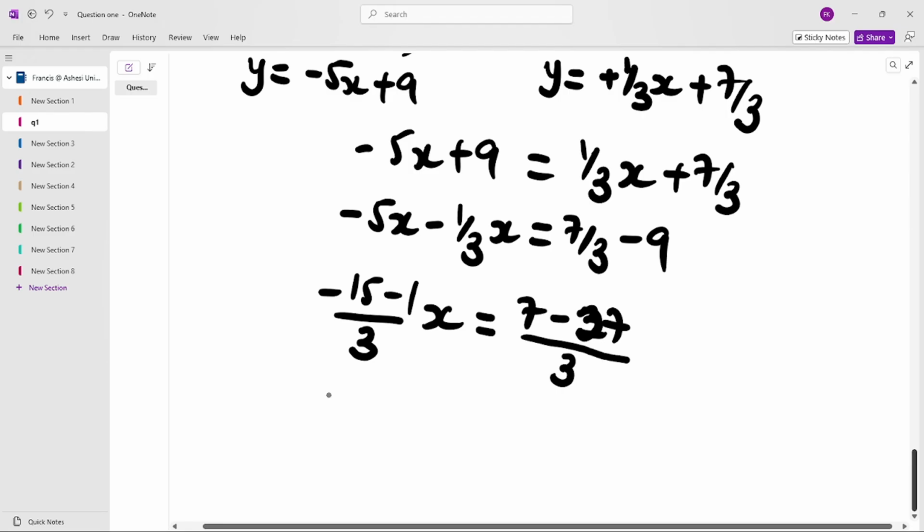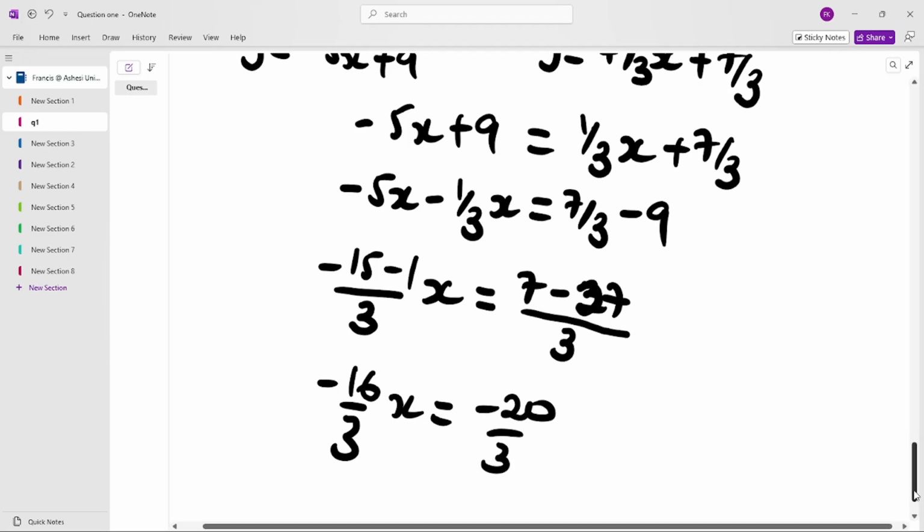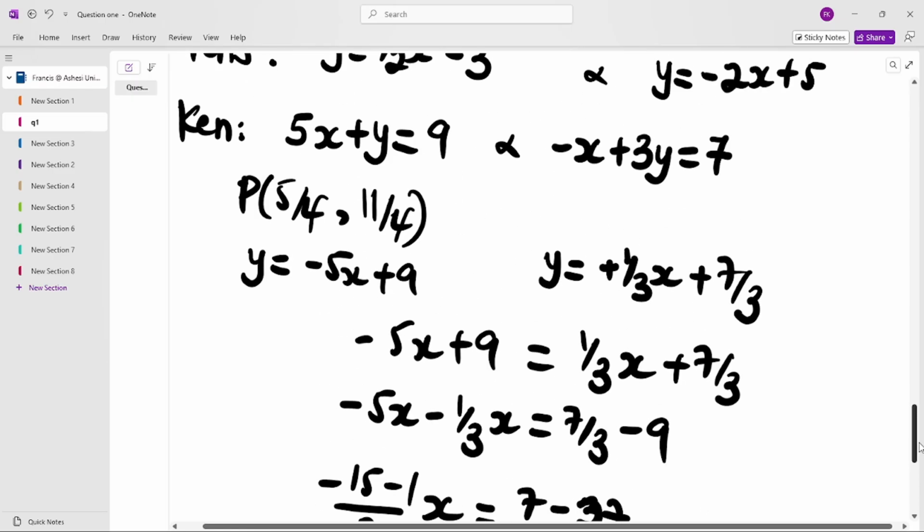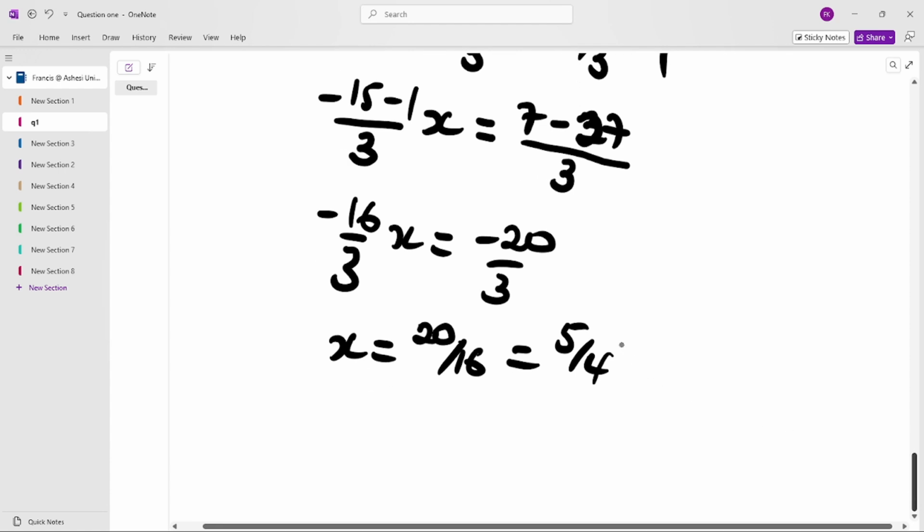So I'll have negative 16 over 3 x will be equal to negative 20 over 3. At the end of the day, x will be equal to 20 over 16. Dividing through by 4, we have 5 over 4. So Kennedy had 5 over 4. That one was correct.